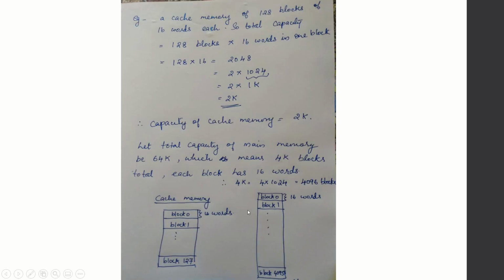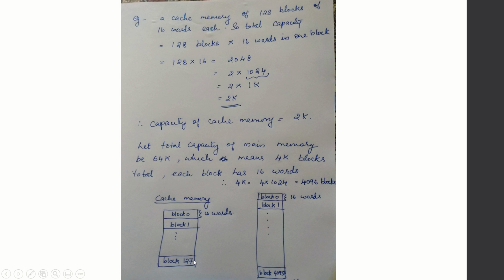Suppose this is the cache memory. The cache memory contains 128 blocks. So I am numbering the blocks. This is block 0, this is block 1, and so on. This is the last block, that is block 127, since I am starting from 0.